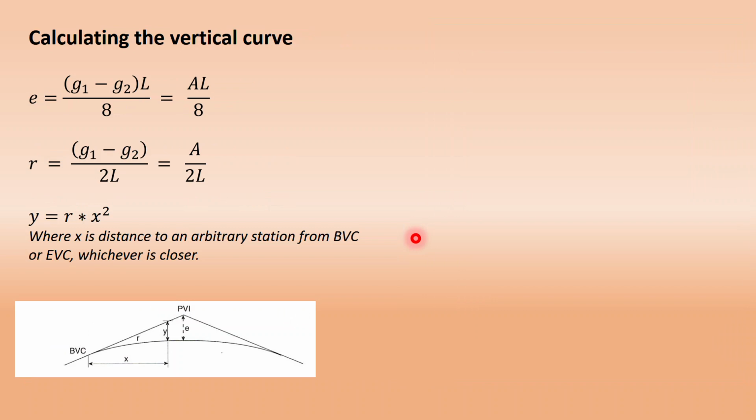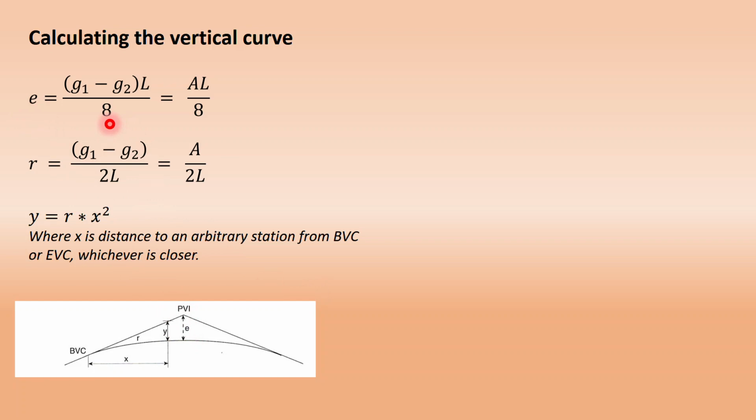Okay, we're going to get into a couple calculations that relate to the variables on these parabolic or vertical curves. And we talked about E. E is that vertical distance from the PVI up or down to the design curve elevation.